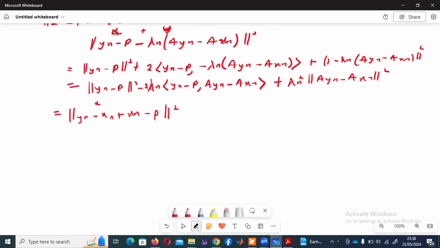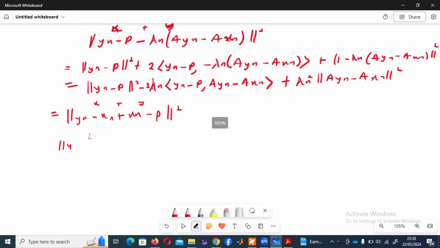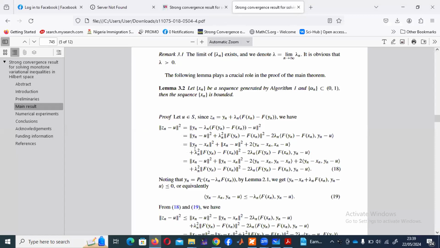Now I can treat this as x and y, giving me x plus y again. Once you say addition and subtraction of Xn, if you square it, we are going to get the step that follows.